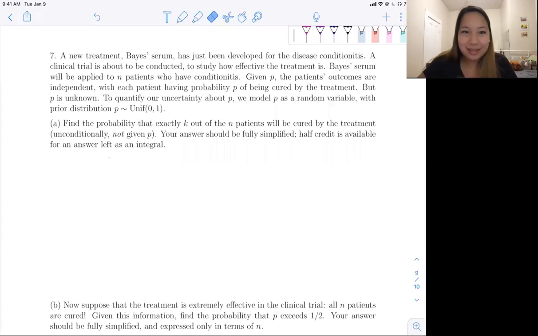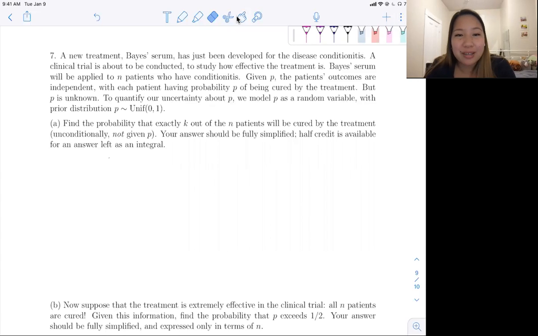So this is a beta kind of problem, maybe Bayes billiards stuff. A new treatment, Bayes serum, has been developed for the disease conditionitis. A clinical trial is about to be conducted to study how effective the treatment is.